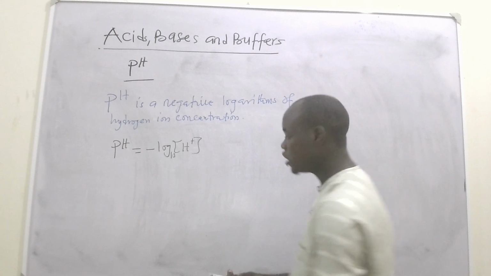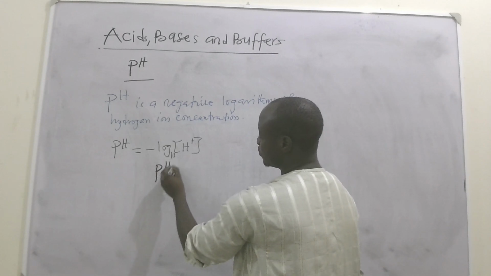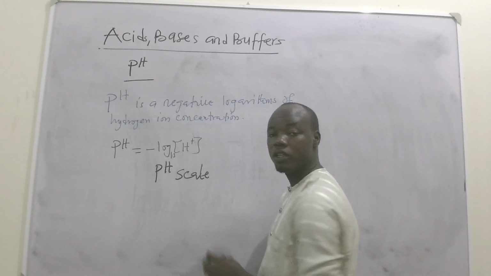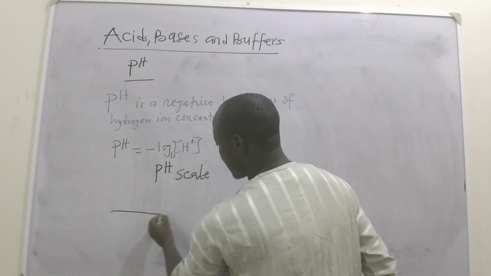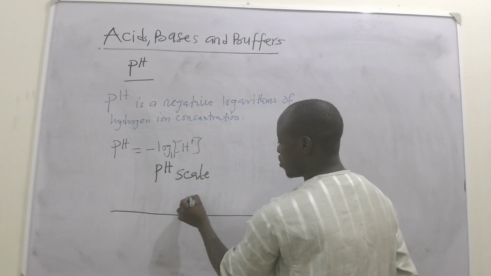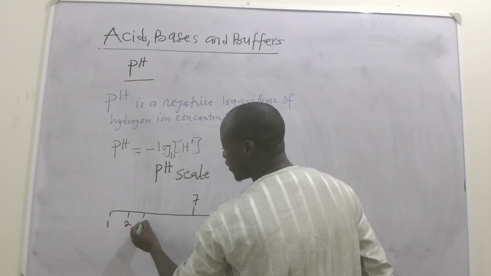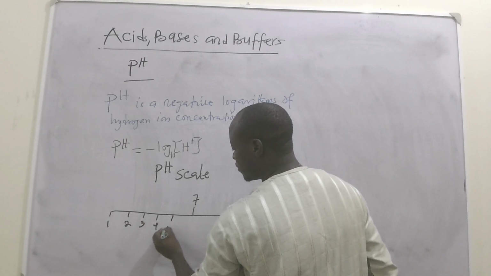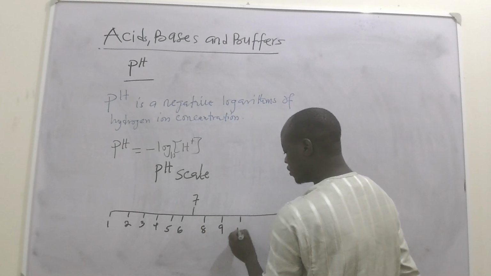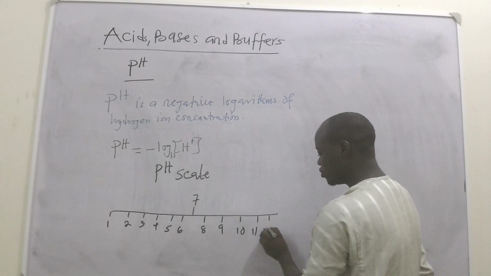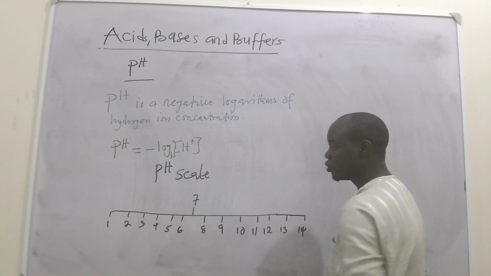How does that pH scale operate? A pH scale is something like this. It starts from 1, 2, 3, 4, 5, 6, 7, 8, 9, 10, 11, 12, 13, 14.